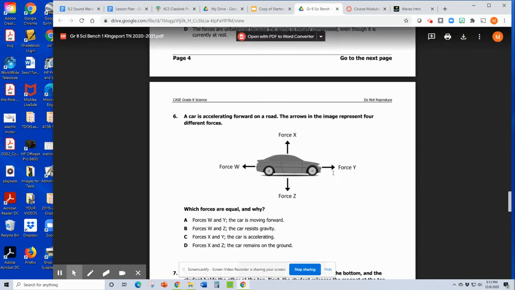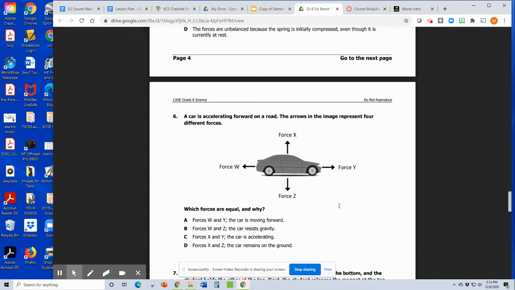No, I know those are not equal. They can't be because the car's moving. It's unbalanced. W and Z, because the car resists gravity? I don't know. If they're balanced, they've got to be equal and opposite direction. Well, those are not opposite direction.